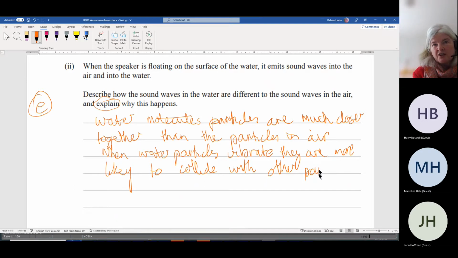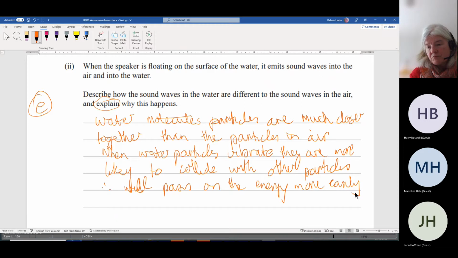Now you could say because they are closer, but we have really made that statement already. So what does that do? If they're more likely to collide, they will therefore pass on the energy. Because that's really what a sound wave or light wave is. It's passing on the energy, more easily or quickly or something along those lines.